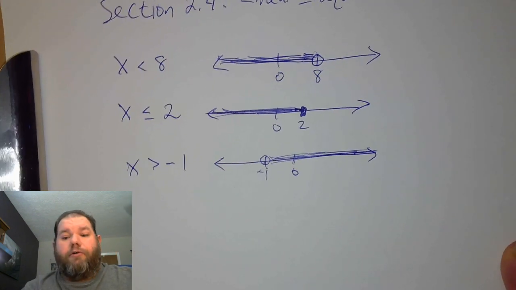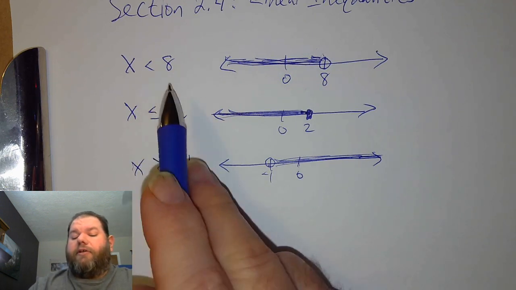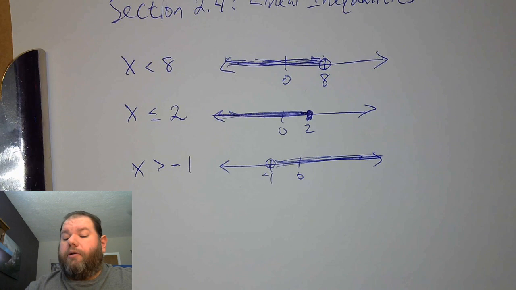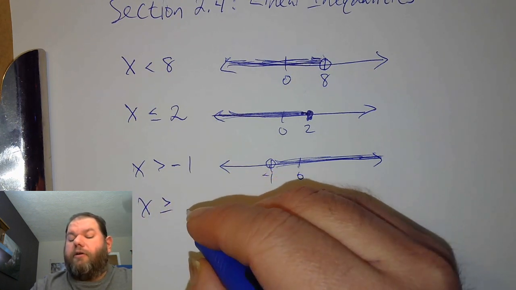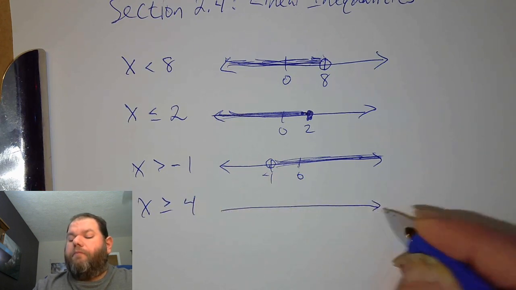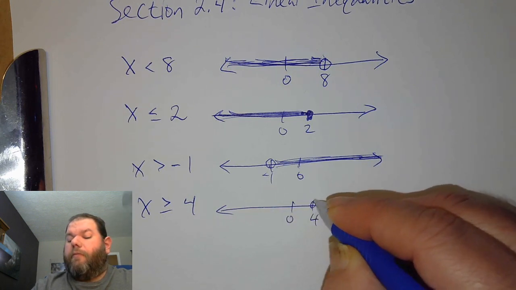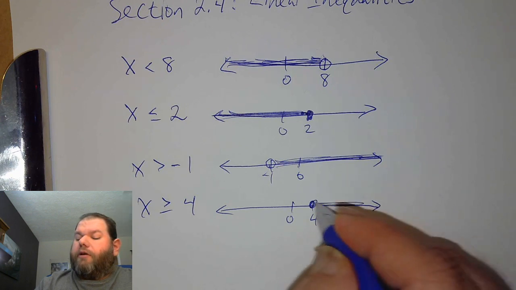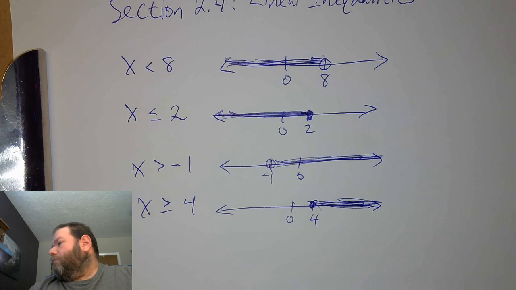Usually I just include 0 for reference, and then whatever number is important besides that, which is the 8 or the 2 or the negative 1. Okay, and if we said x is greater than or equal to 4, shade the 4, and then everything to the right. Okay, pretty straightforward stuff.